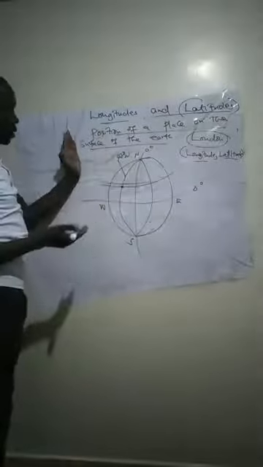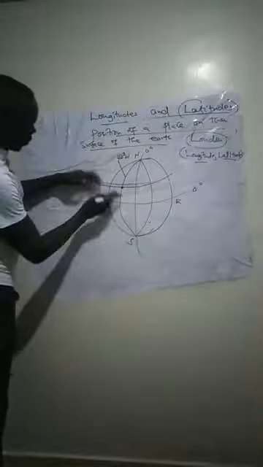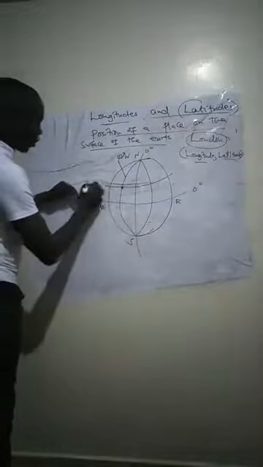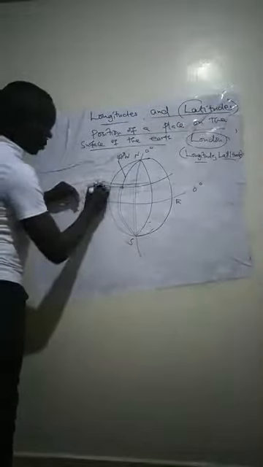This one is to the western part of the prime meridian, and it is to the northern part of the equator. Give it maybe 20 degrees north.